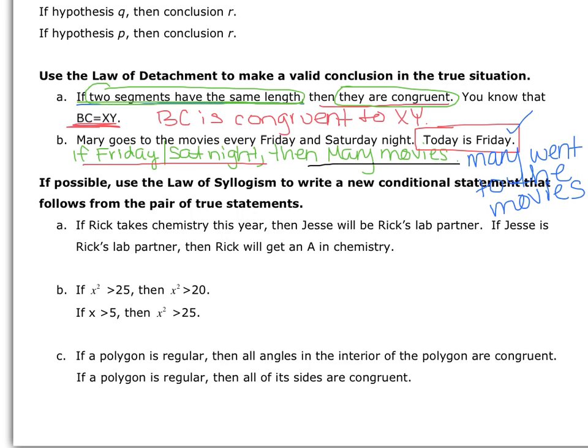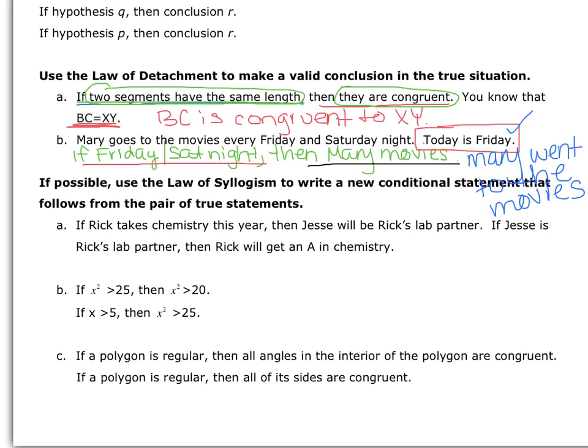All right, if possible, use the law of syllogism to write a new conditional statement that follows from the pair of true statements. I always think of the law of syllogism as a silly story, because one thing leads to the next, and they're not necessarily related. If Rick takes chemistry this year, then Jesse will be Rick's lab partner. If Jesse is Rick's lab partner, then Rick will get an A in chemistry.